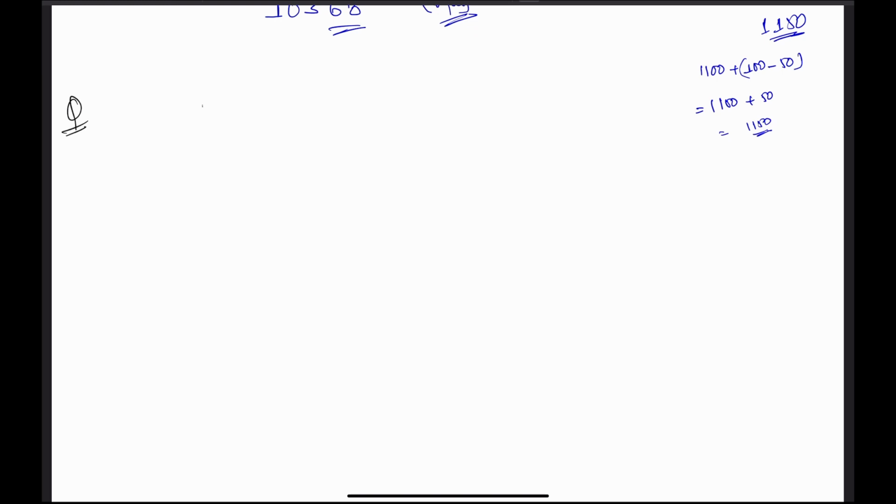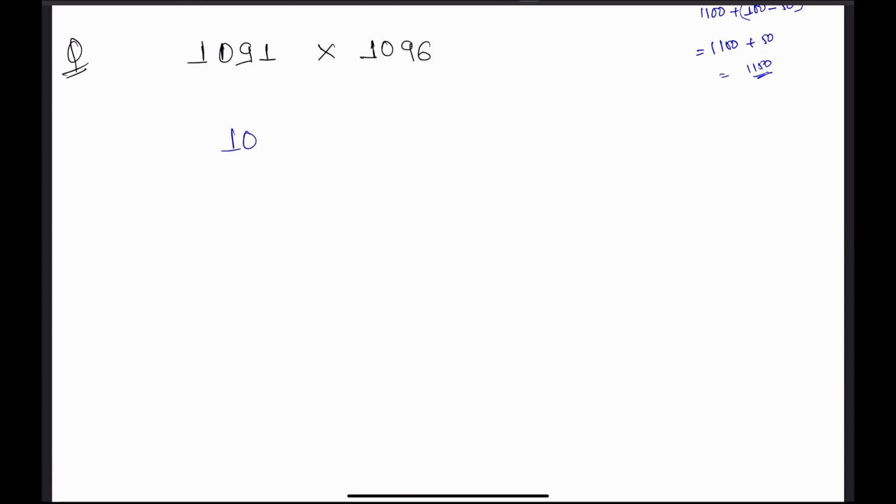Or let's just take 1091 into 1096. So again what we are going to do, let's just write the question: 1091, 1096, this is plus 91, this is plus 96.